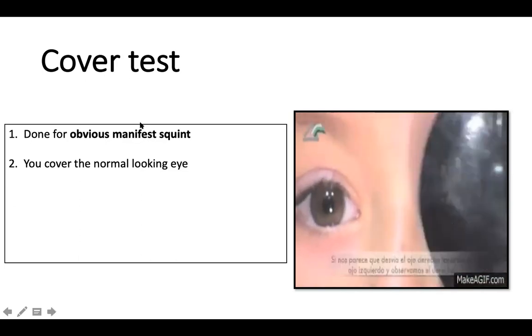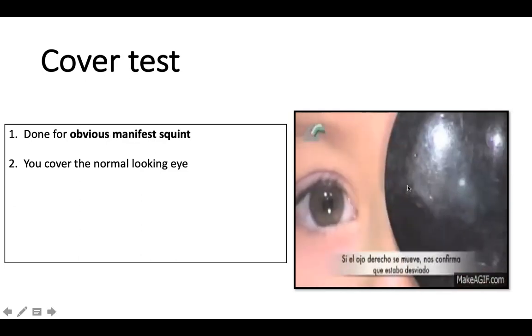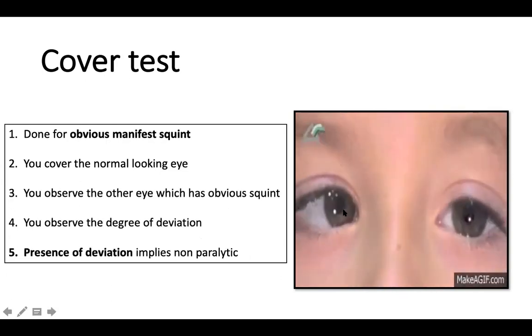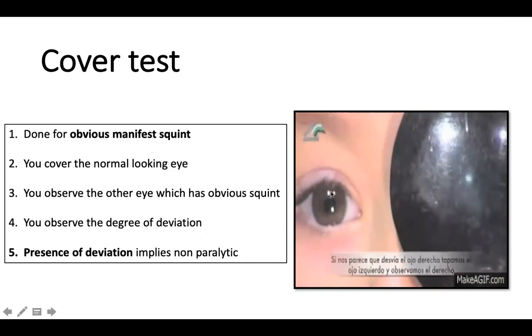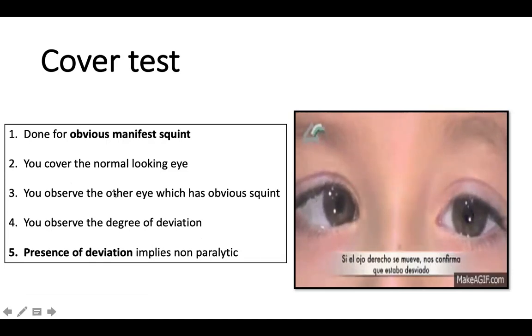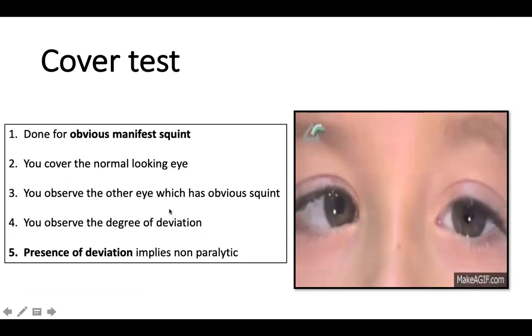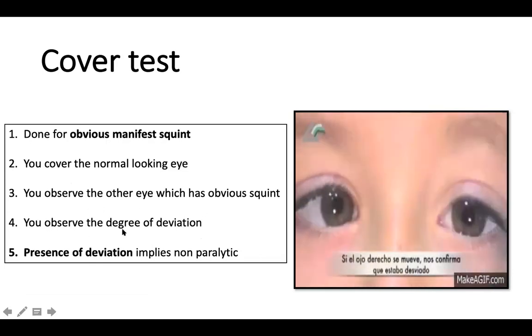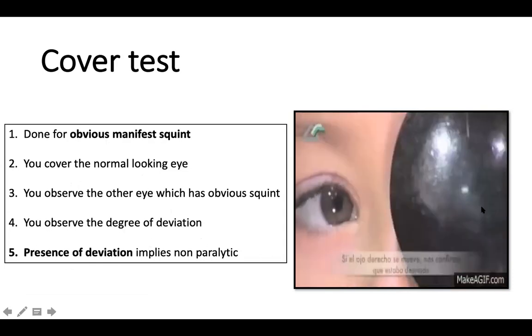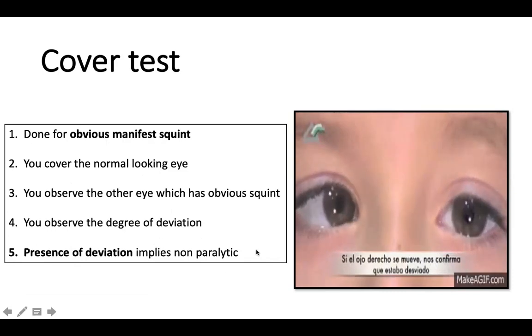So for a very obvious manifest squint, you just cover the eye which is looking normal, and as you can see in this diagram, the eye suddenly goes to another primary position because the child here has a non-paralytic or congenital squint. So you cover the normal looking eye and observe the other eye with the obvious squint, and you observe the degree of deviation.